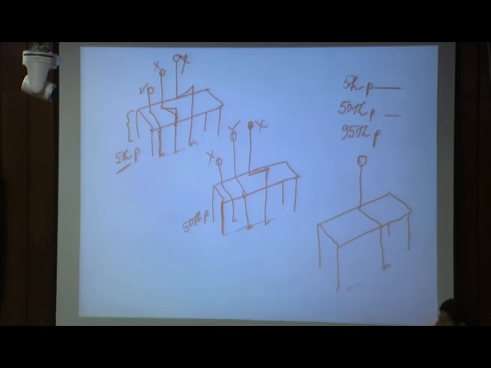It is matching with their body dimension, this height. So they are comfortable. But the 50th percentile, their leg is hanging, and the 5th percentile, their leg is also hanging. So they are not comfortable.